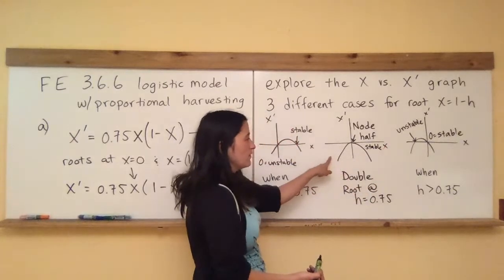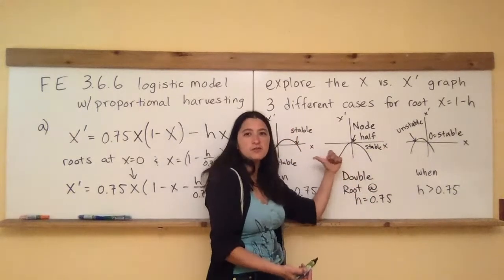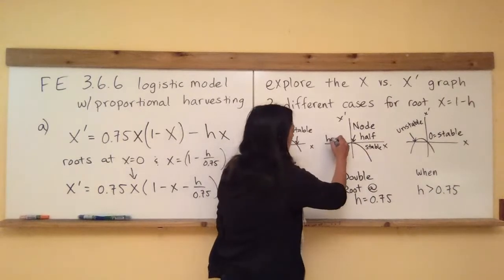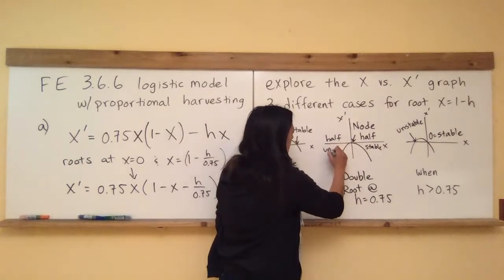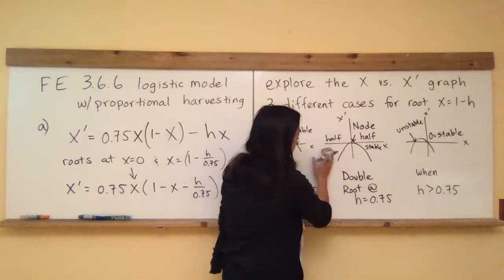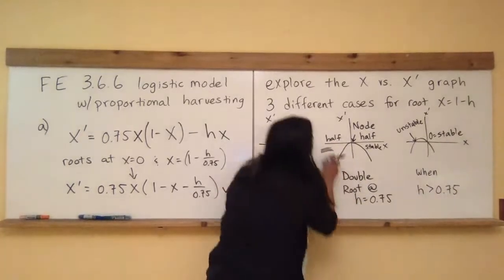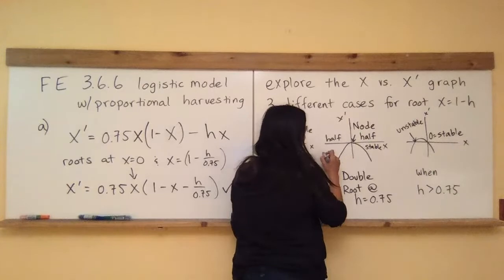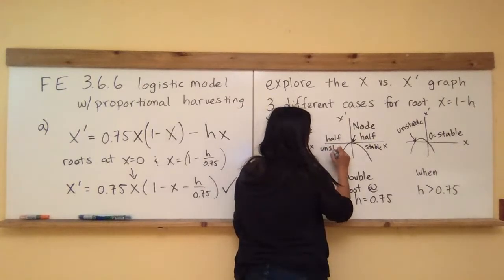But if things are on this side, it's telling them to move to the left, which would be away from it. And so this half over here is unstable. Unstable. I can't fit that on there. Duly noted. Unstable.